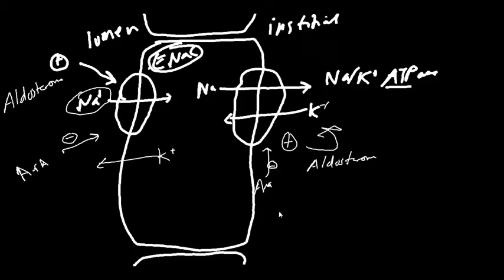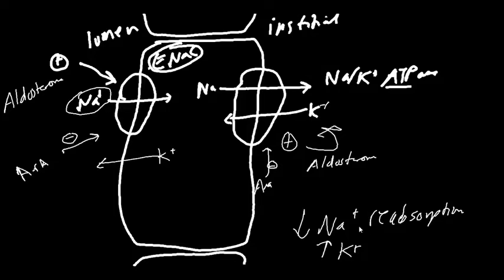The aldosterone receptor antagonists, the spironolactones, are going to decrease sodium reabsorption, and we're going to increase potassium retention. Okay, so we're going to lose sodium, we're going to keep potassium.